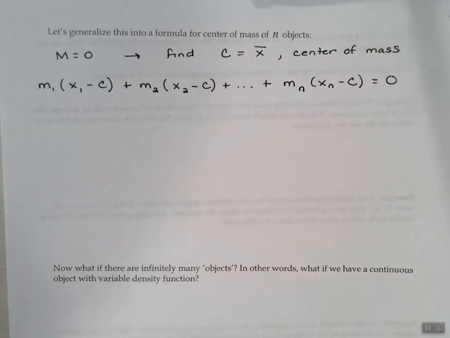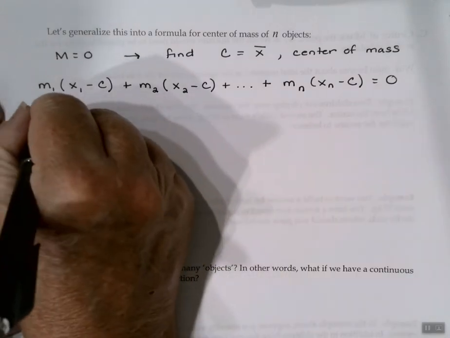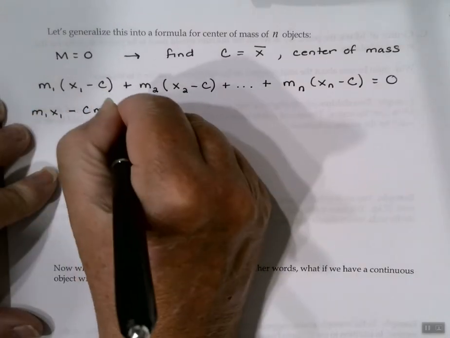And I want the sum of all of those little moments to be 0. I'm going to go ahead and just do a little bit of algebra here. I'm going to distribute, so I'd have m1 x1 minus c m1 and so on.